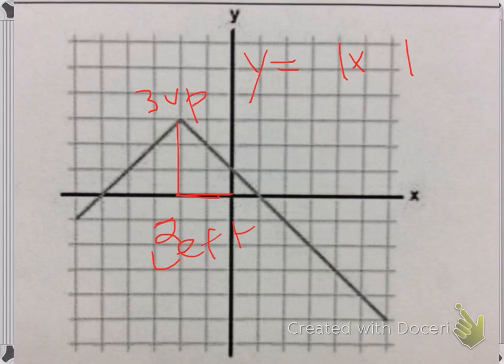So left is going to be a plus, so plus 2 inside the grouping symbol. Up is going to be a plus 3. The upside down is going to be a negative, and then let's check our pattern to see if we did the normal pattern. Over 1, down 1, over 1, down 1, over 1, down 1. So with that negative out front, we took care of the down, and our pattern is just 1 over 1.